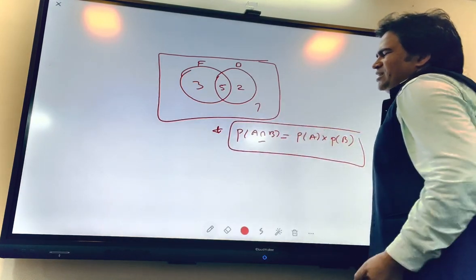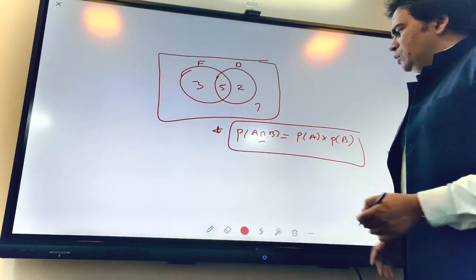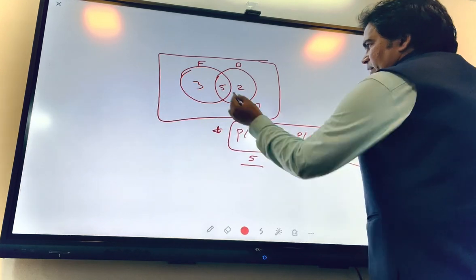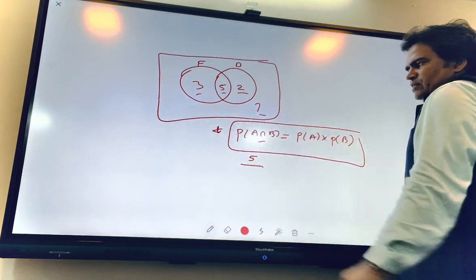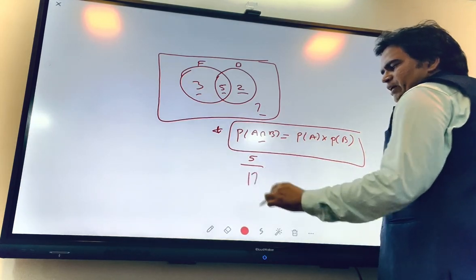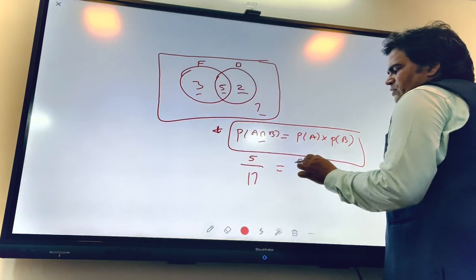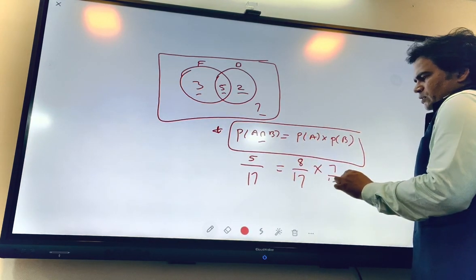Now, if you look at this set, how do I check if the events are independent or not? So this can be 5 out of, let's say we got 3 plus 5, 8, 8 plus 2, 10, and 10 plus 7, 17. So 5 out of 17 is this answer. Now, probability of A is going to be 8 out of 17 times probability of B is 7 out of 17.